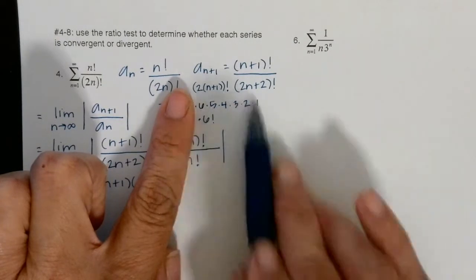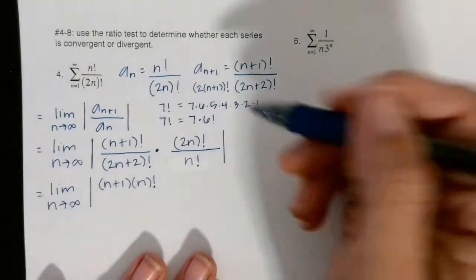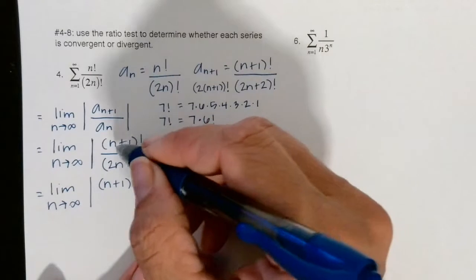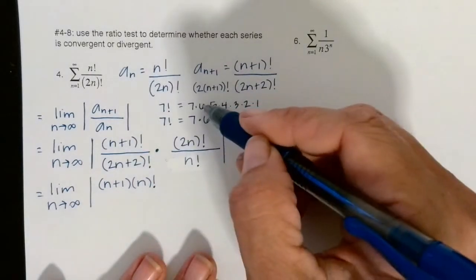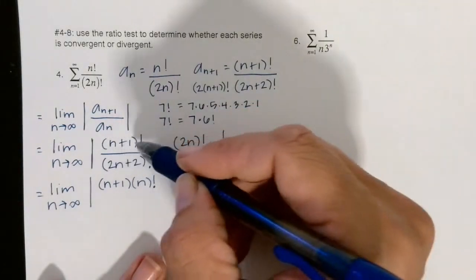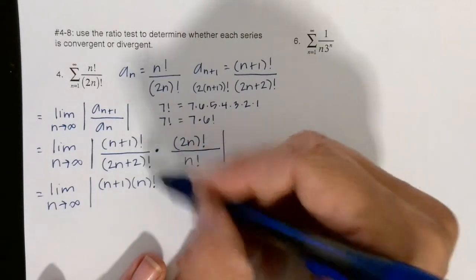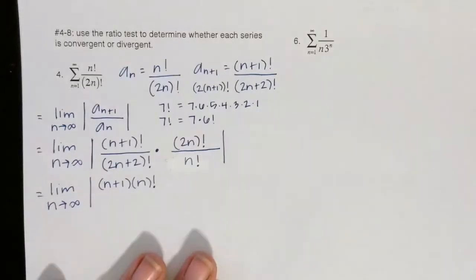The purpose of doing that with the ratio test is so that I can now, with n plus 1, to get to the next one, you subtract 1, so n plus 1 minus 1 is just n, and since I have n factorial down in the denominator, I'm going to be able to cancel it.